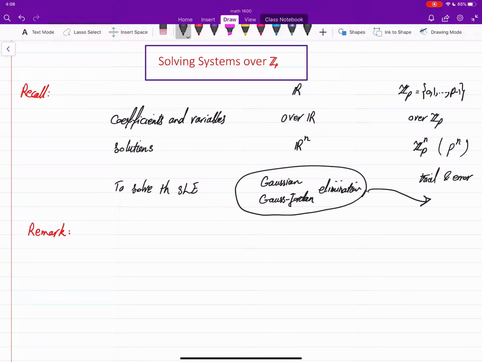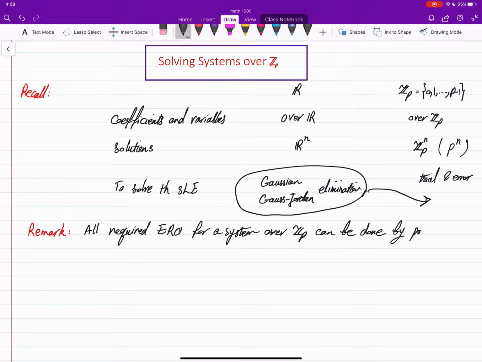All required elementary row operations for a system over Zp can be done by multiplication and addition.